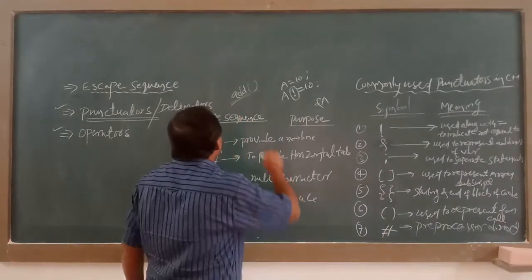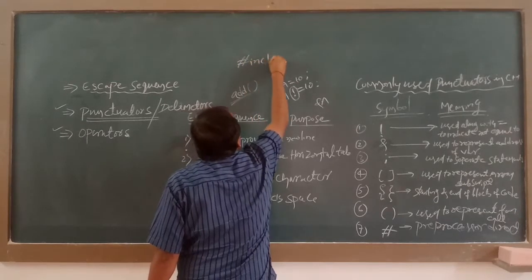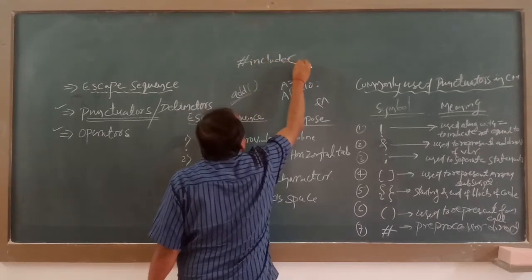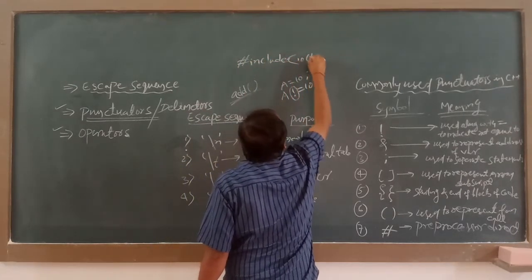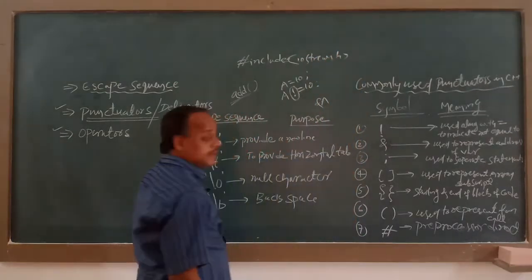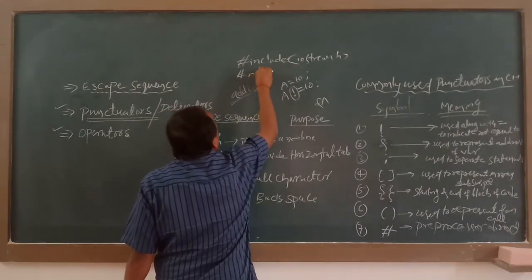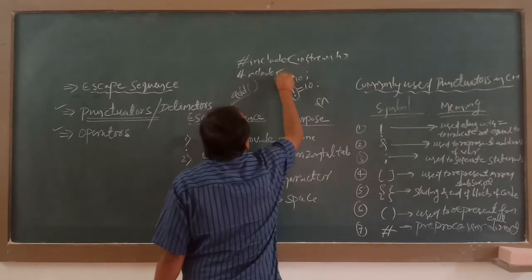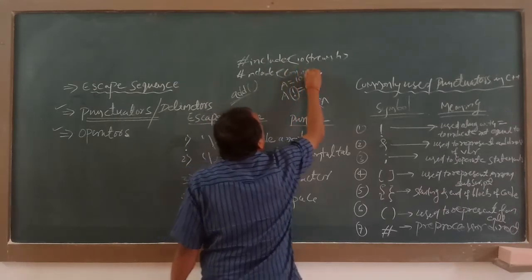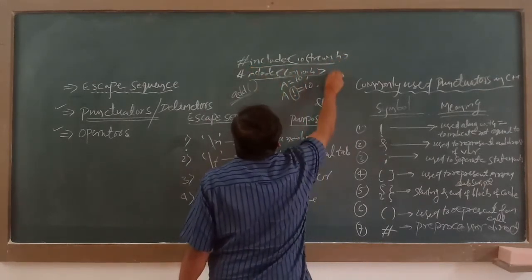For example, hash include iostream.h, right? Next, hash include conio.h. So these are the preprocessor directives.